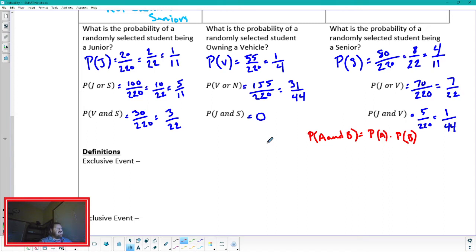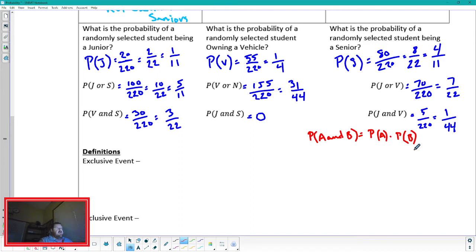I'm not going to do that, but if this formula works out, then they're independent. If that formula doesn't work, then they're dependent. And that's as easy as that definition is.